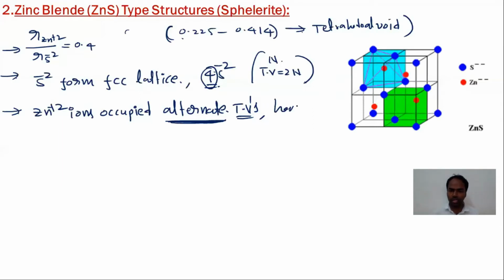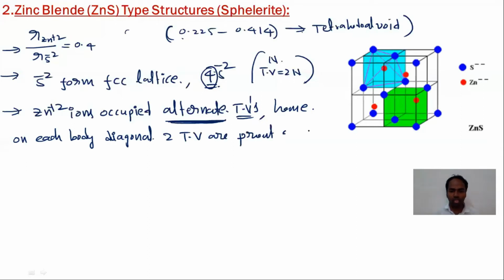So on each body diagonal, 2 tetrahedral voids are present, out of which one is vacant and the other one is filled, occupied.